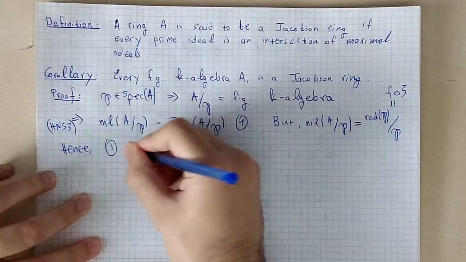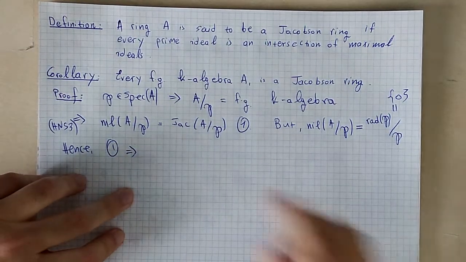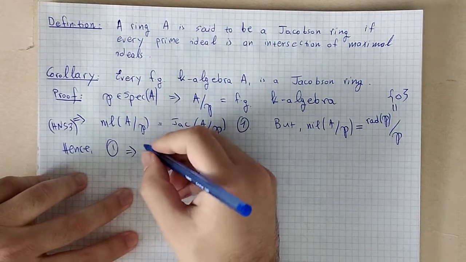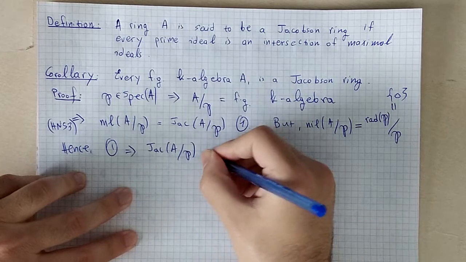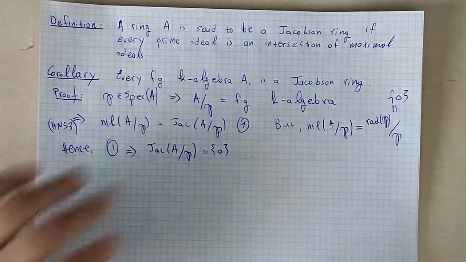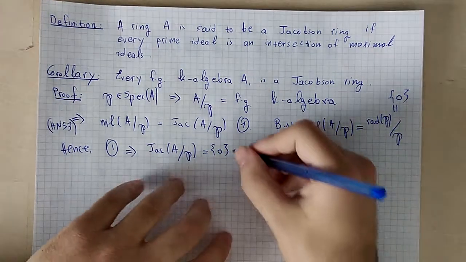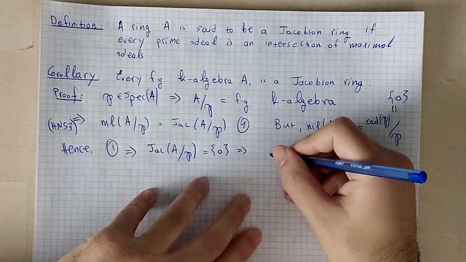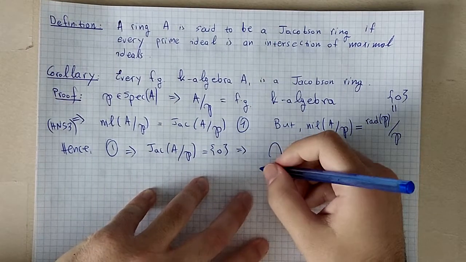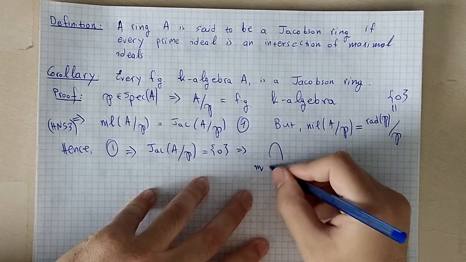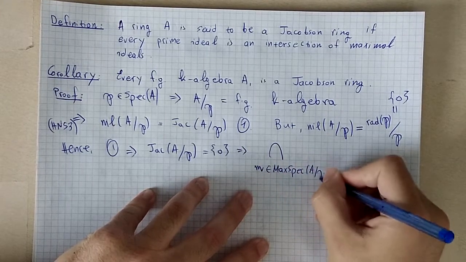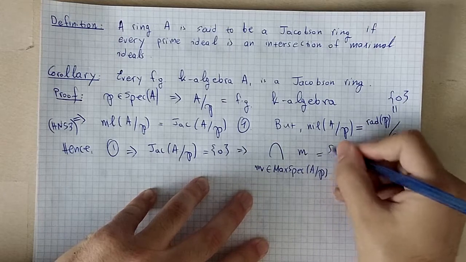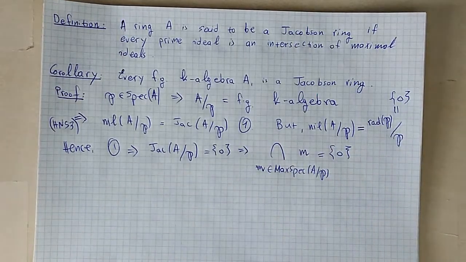Thus, relation 1 implies that the Jacobson radical of A mod P is trivial. Therefore, by definition, the intersection of all the maximal ideals of A mod P is 0.